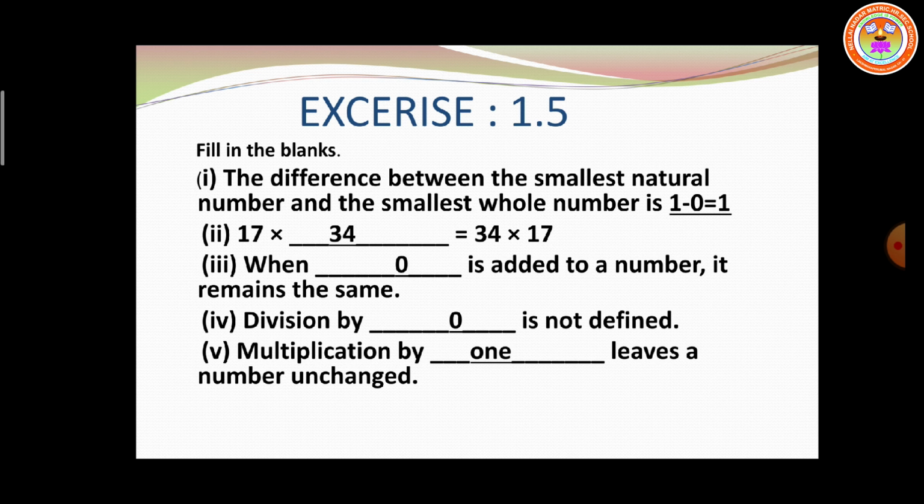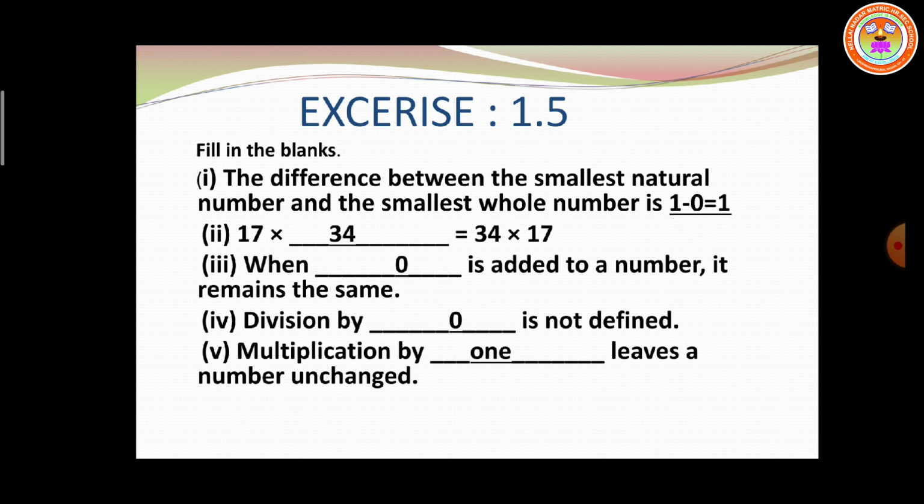Now see the second fill up. Sorry, it is 17 into dash is equal to 34 into 17. By seeing this itself, what type of property is it, children?